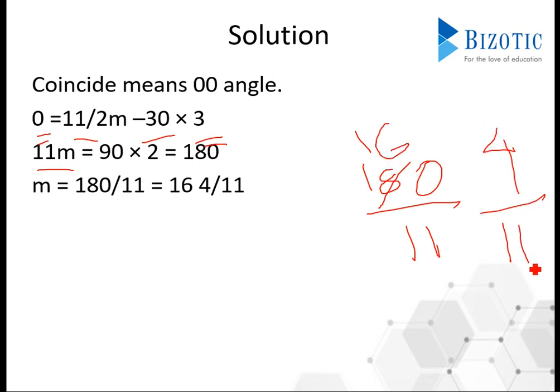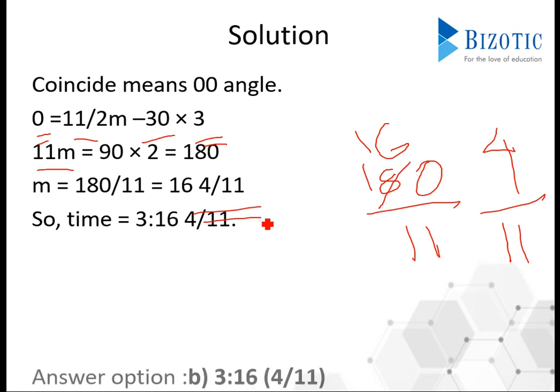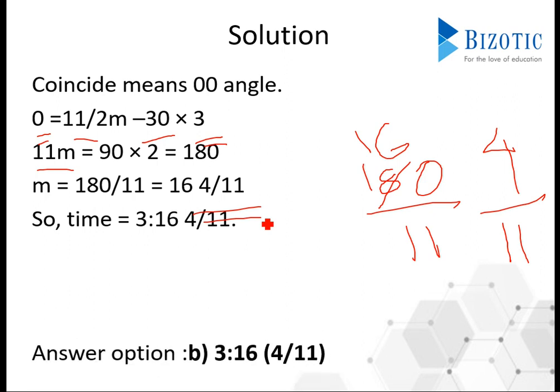So it is 16 4 by 11. So this 16 4 by 11 is minutes past 3. The total time will be 3 hours 16 and 4 by 11 minutes. That gives you the right answer, option B.